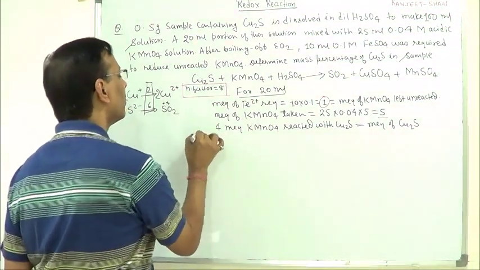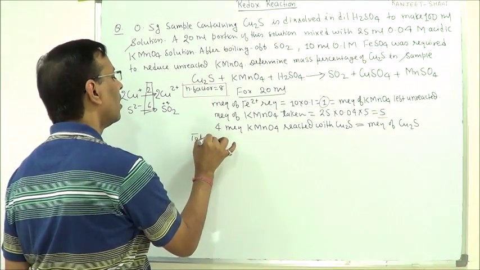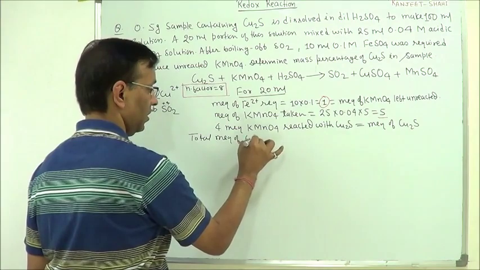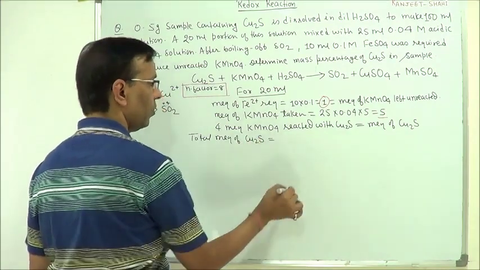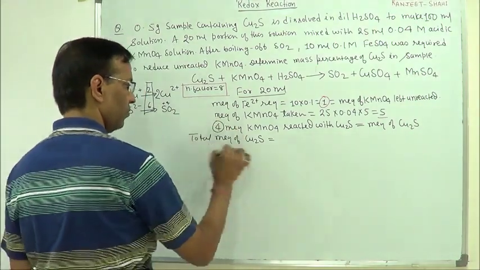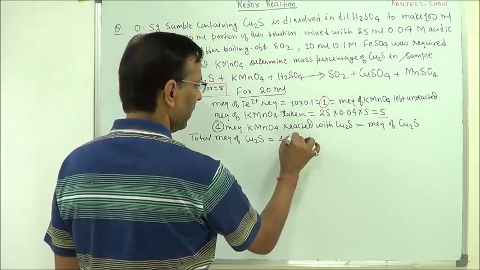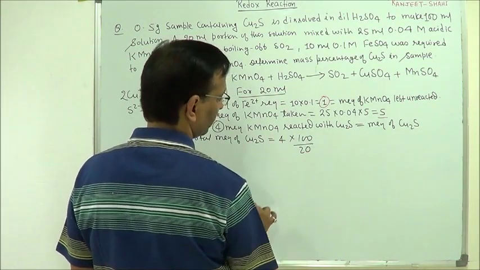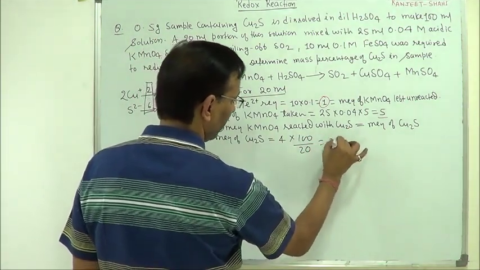So the total milliequivalent of cuprous sulfide will be equal to this 4 into 100 by 20, so 20.